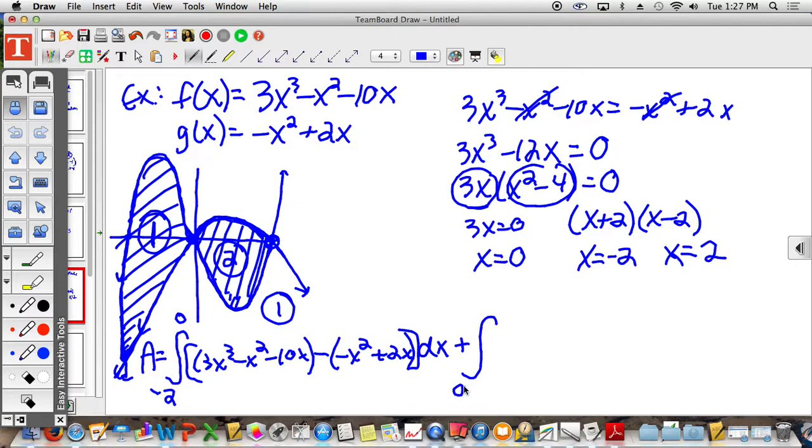So I do 0 right here, I do 2 up here, I do a bracket. It's going to be what minus what? G of x minus f of x. So we're going to put a parenthesis, negative x squared plus 2x, finish your parenthesis, minus parenthesis 3x cubed minus x squared minus 10x, finish your parenthesis, finish your bracket, dx. That will be your integral, or your total area.